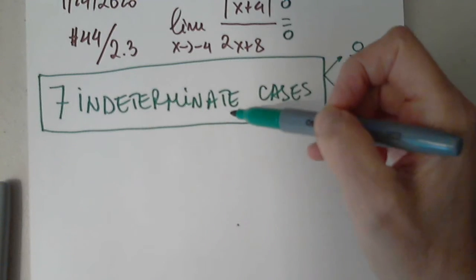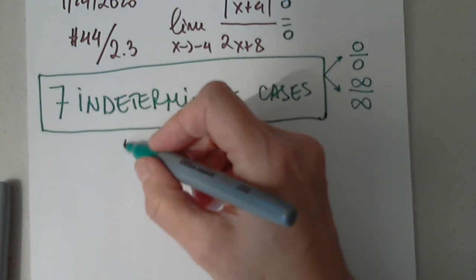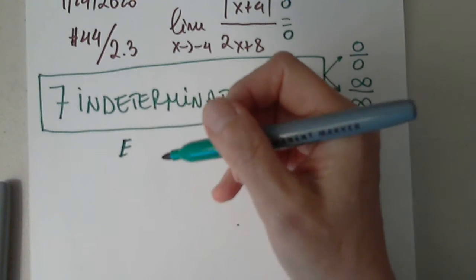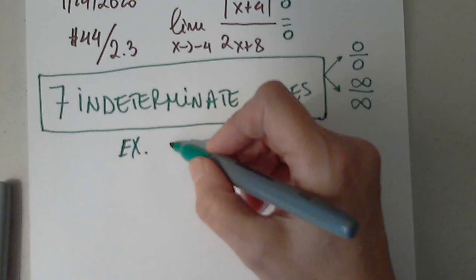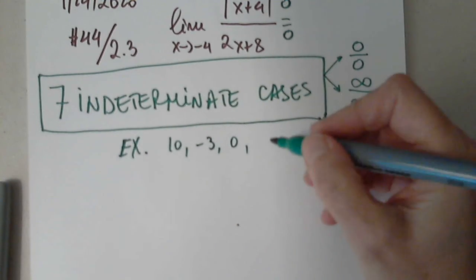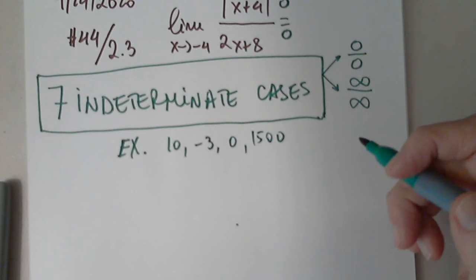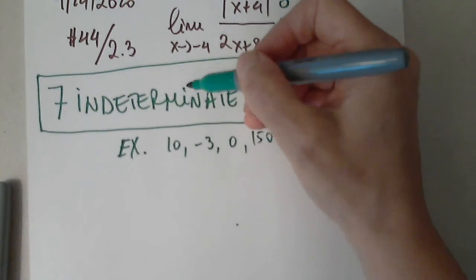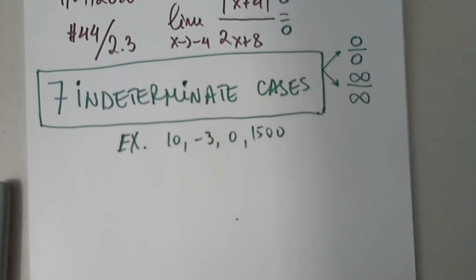What does indeterminate mean? It means that the answer can be anything. For example, it can be 10, it can be negative 3, it can be 0, it can be 1500. I don't know. When we say indeterminate, we can expect anything. Really, anything.